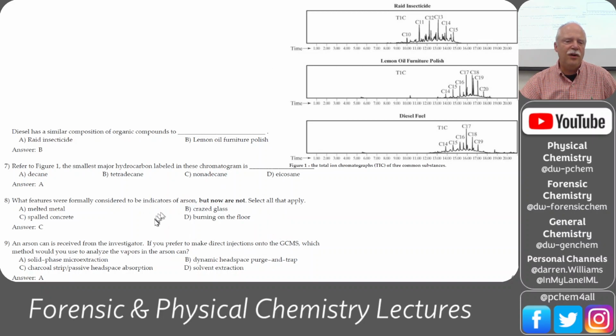What features are normally considered indicators of arson but are not now? Select all that apply. Well, I've got spalled concrete listed. Yeah, so I think it's really all of them.